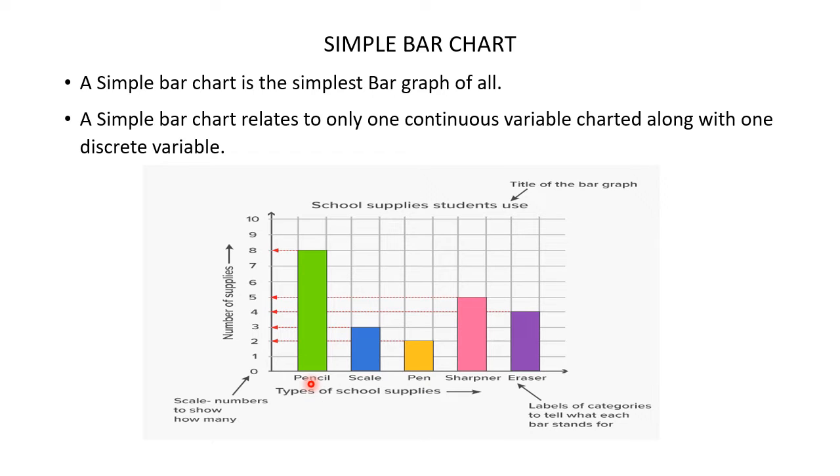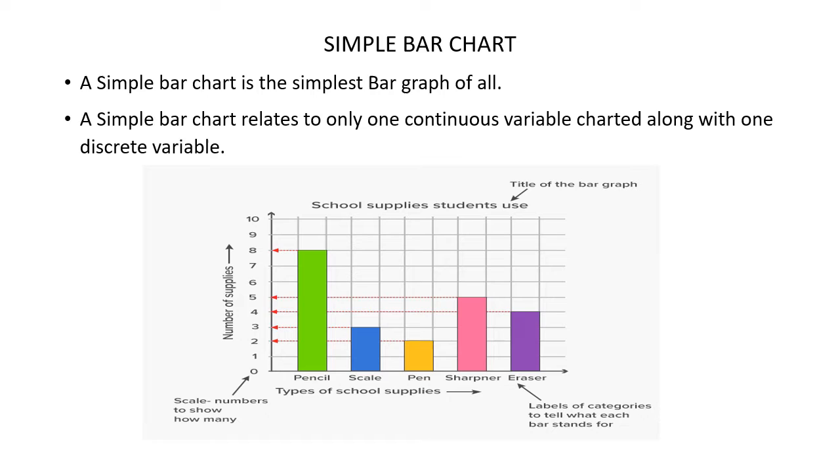Now each data regarding the different types of school supplies is shown in a bar graph in the form of bars. Now as you can see from this bar graph, the bar corresponding to the pencil corresponds with the number 8.